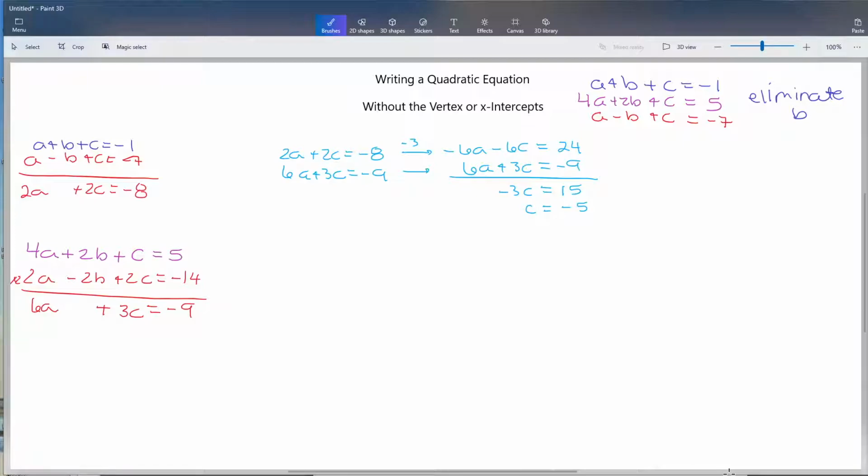Okay. Once you have one of the variables, you're going into the mode where you're just plugging these numbers in, okay? So I'm going to take this equation right here, and I'm going to plug in my value for c. So 2a plus 2c equals -8, and I'm going to plug in c equals -5.